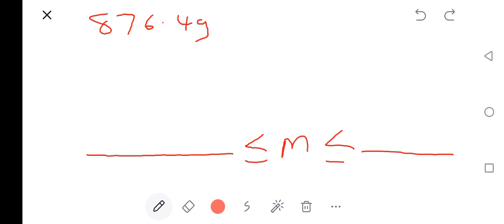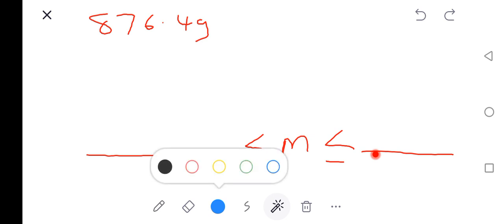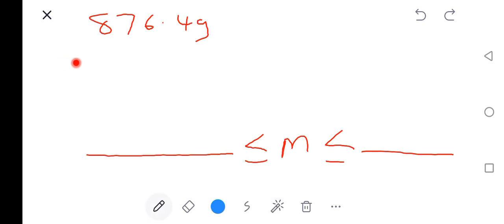Whenever you see such an arrangement with the less or equal to signs, it means they want you to find the minimum value and maximum value. Very straightforward. You have to find your upper limit and lower limit. We start with the lower limit.